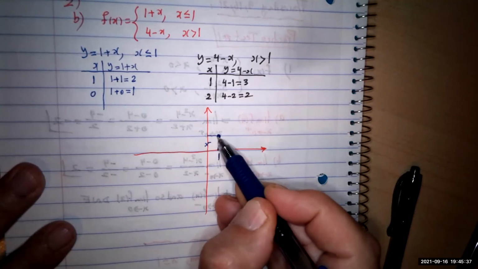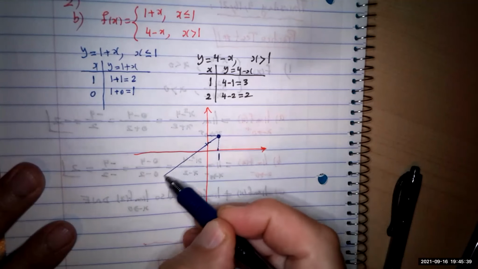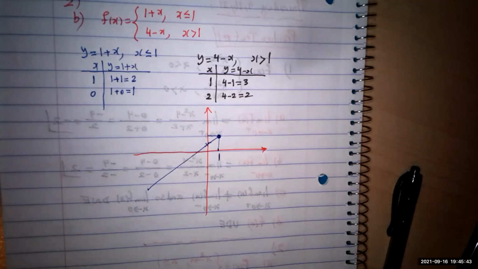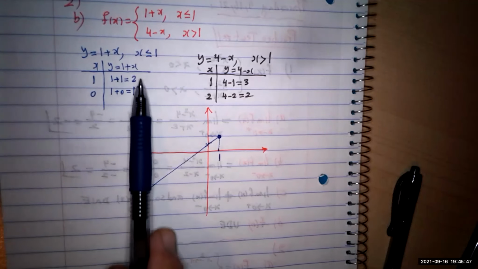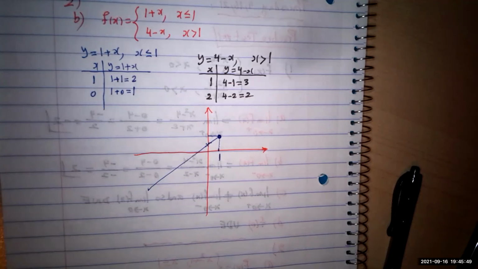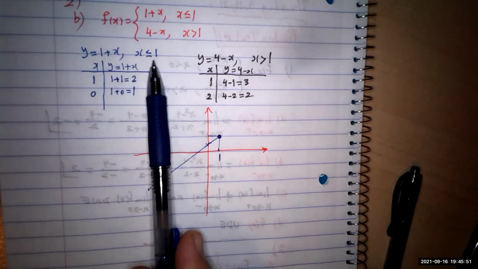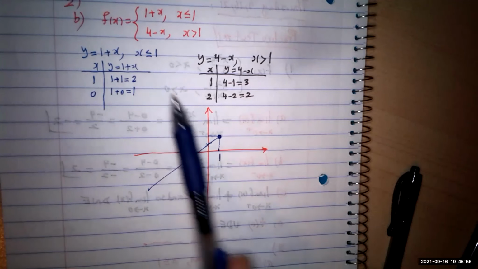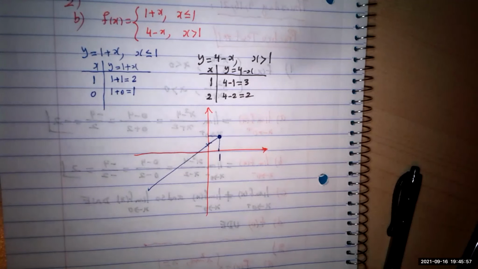You graph it, and you know that you have to go to the left because x is less than or equal to 1. Any question? You have to have your partition point to identify the end of your graph. We pick the point (1, 2) since there is an equality sign, so the endpoint is also covered by your graph.